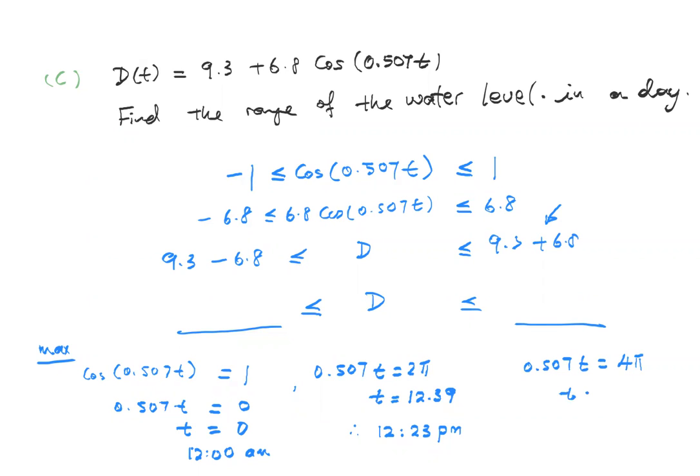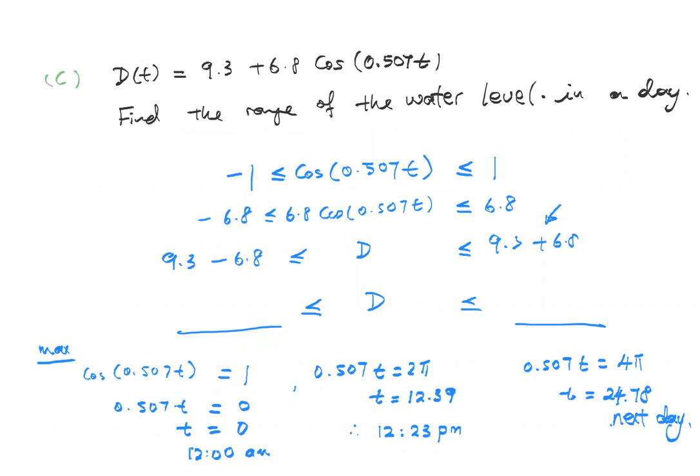T equal to, so you take 4 pi divided by 0.507. So over already, the next day already. So it's 24.78. So this is the next day already. Are you clear?